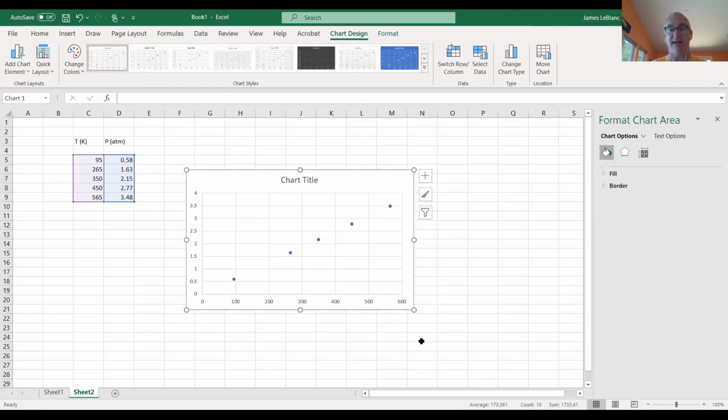And immediately you can see that this relationship is direct, which makes sense, because as we increase the temperature, the pressure also went up. So here's my pressure over here, here's my temperature in Kelvin here. And it makes a straight line that goes right through zero, like it should.